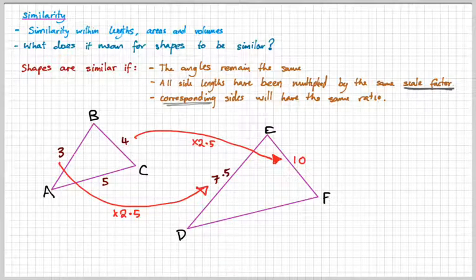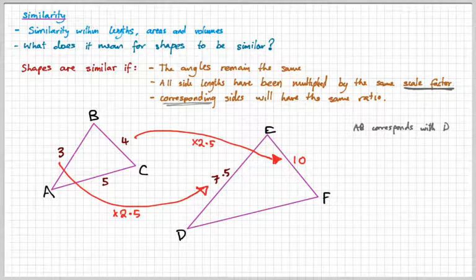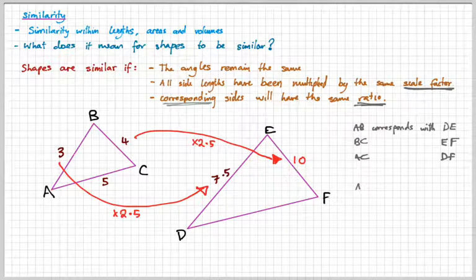Corresponding sides will have the same ratio. So corresponding. So AB corresponds with DE. So have a look at the side AB and you can see that's corresponding to DE. BC corresponds with EF and AC will correspond with DF. Okay, ratio. In this case, I don't really mean ratio with the colon notation.